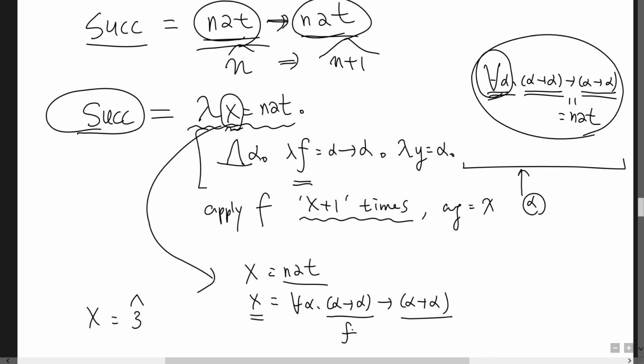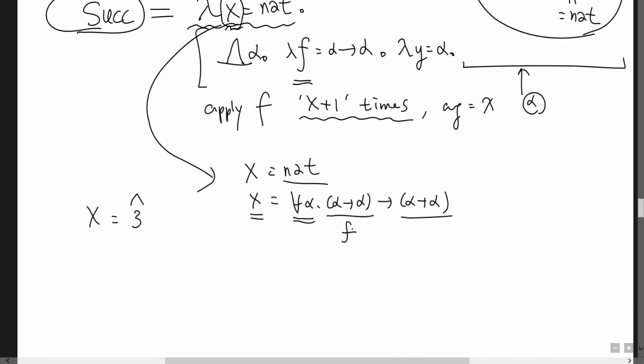Then first you have to get rid of this for all. So therefore what we do is we build a type abstraction. So x is this polymorphic type, and f has a type alpha arrow alpha. So therefore we apply this x to alpha.